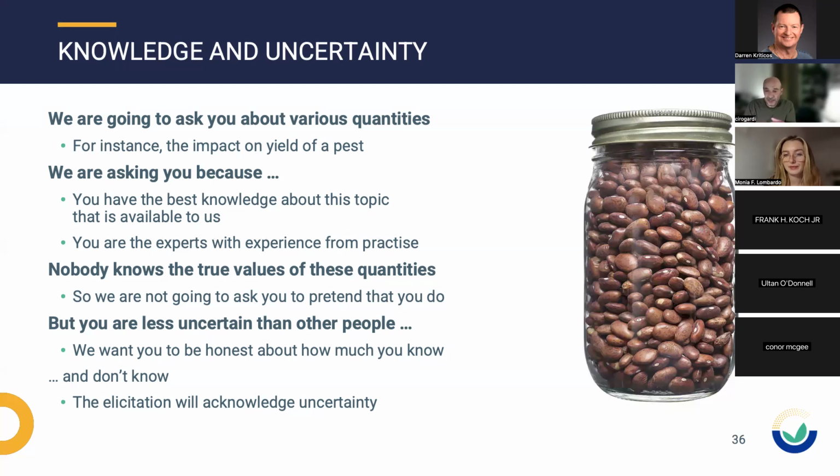Then the elicitation is not directly, tell me how many beans there are in the jar, but rather, tell me first the first percentile and the 99th percentile. So I ask you, what is the number that for sure cannot be lower than that? What is the number that you are almost sure cannot be higher than that? This can be even very wide.